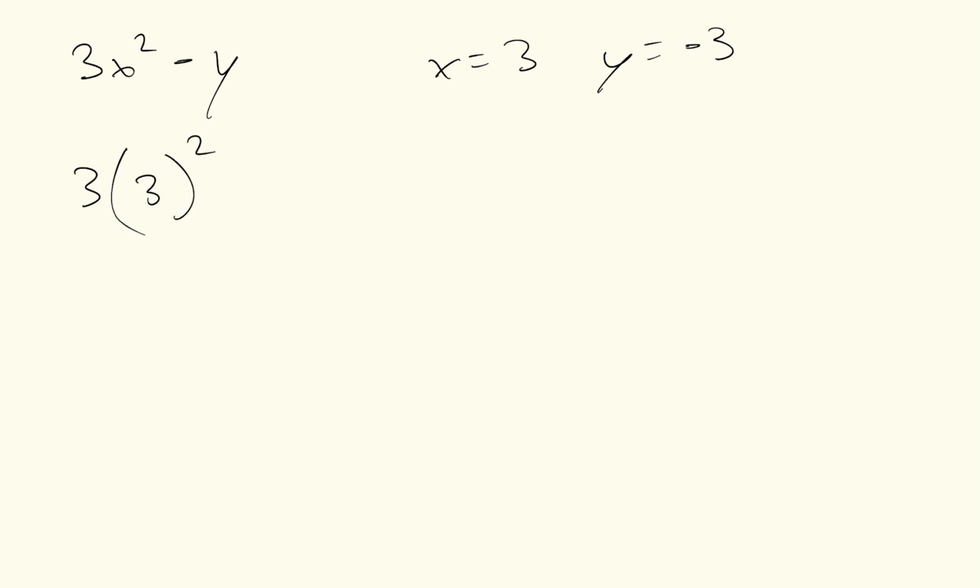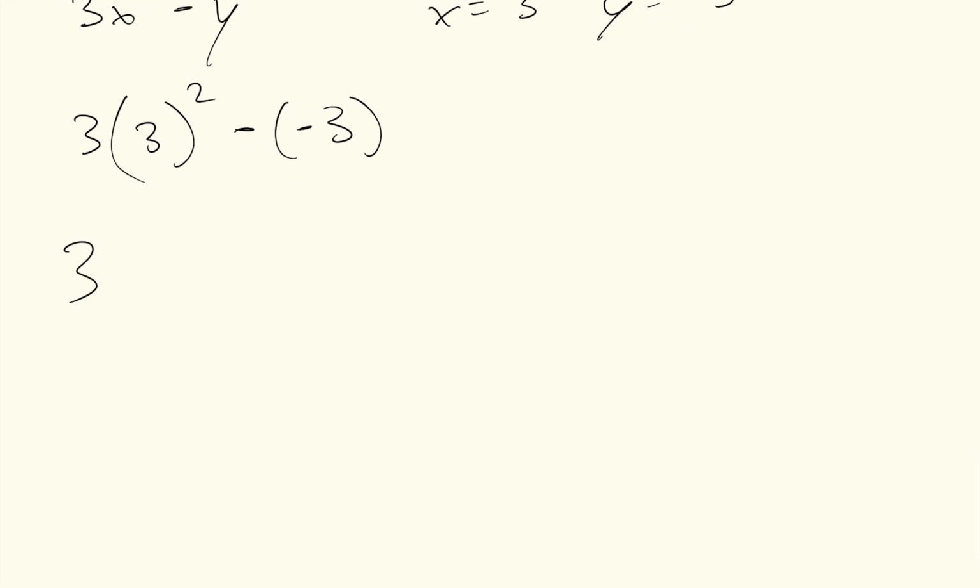Let's do a different example. Let's do 3x squared minus y. Let's make x equal to 3 and let's make y equal to negative 3. Now to do this, once again, you just plug the values in. You go 3 times 3 squared minus negative 3. Now order of operations, you have brackets, and then after brackets you have exponents.